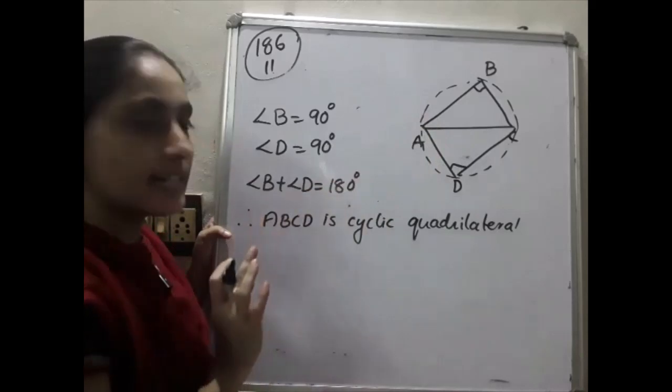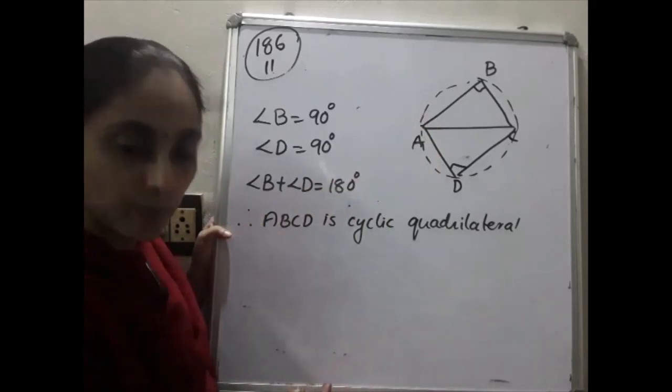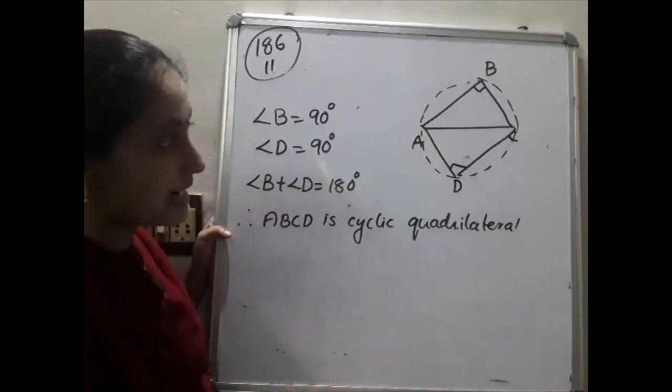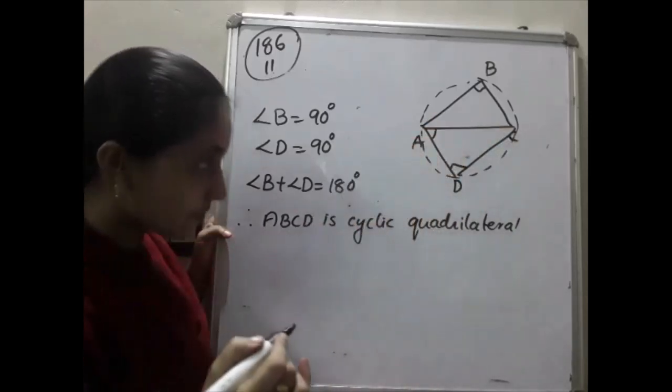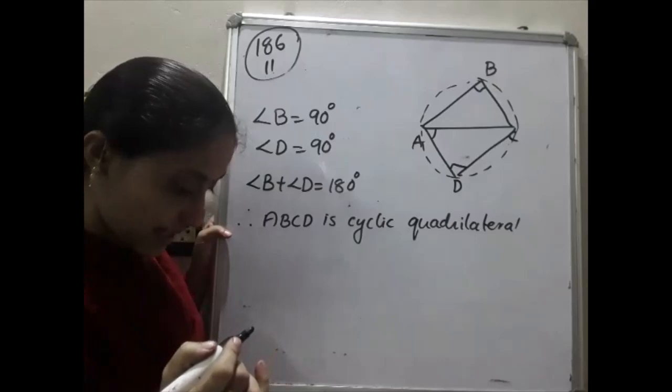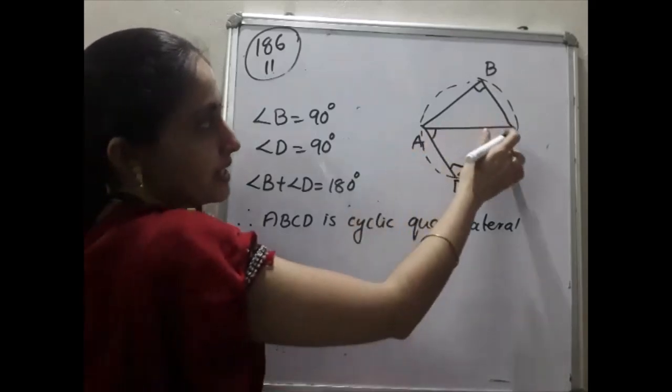Okay, so we got it is cyclic. Then what we have to prove? The question is: find angle CAD. CAD means this angle, and CAD is equal to CBD.